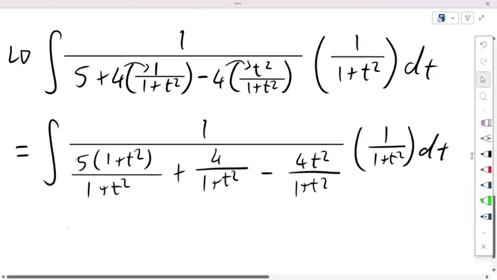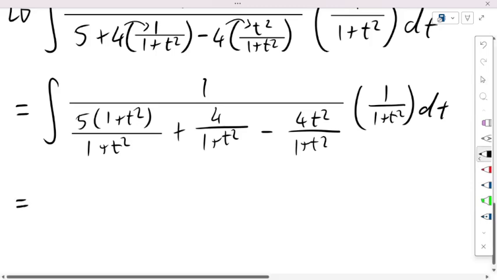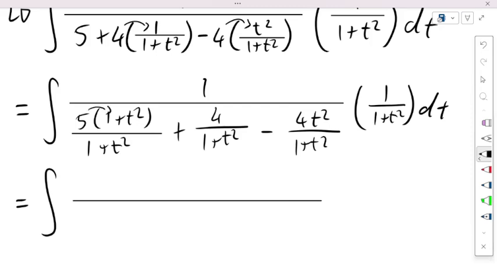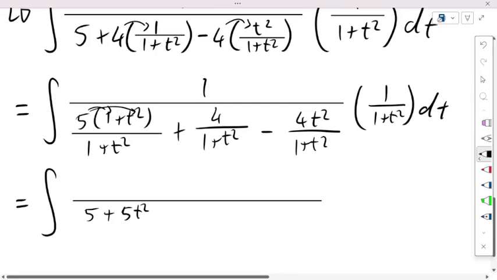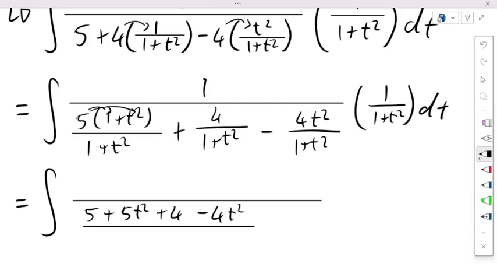So let's do that as well. This is how it's going to look. It's going to be equal to the integral. We're going to multiply the 5 into the bracket so that we have 5 plus 5t squared, plus 4 minus 4t squared, divided by 1 plus t squared.